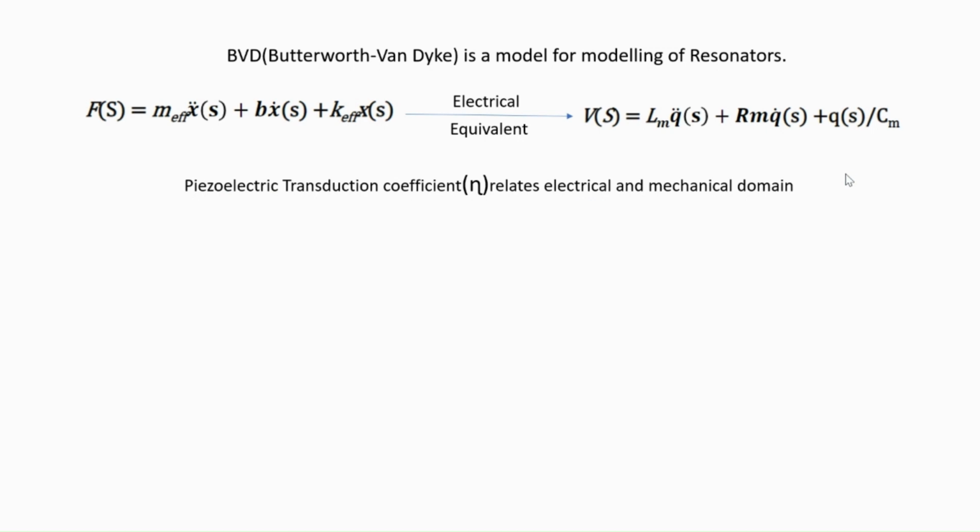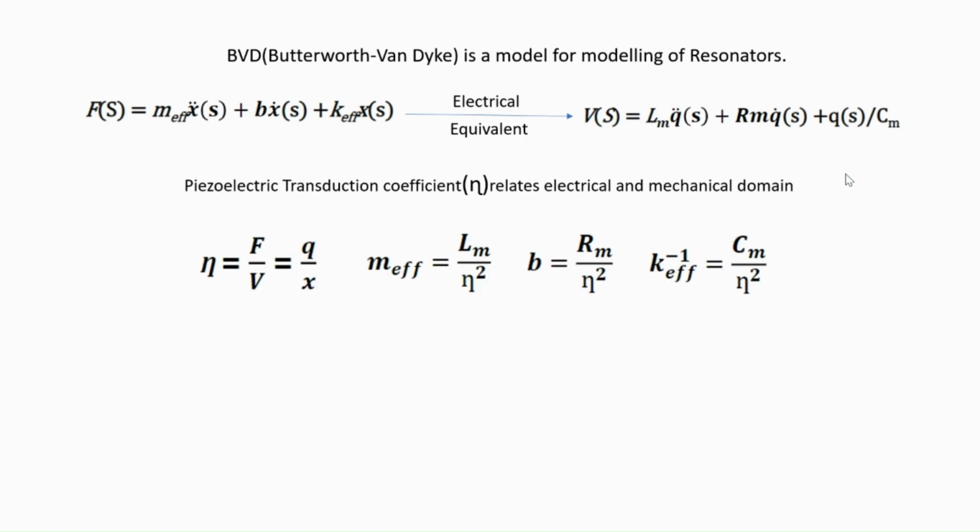So I can't put mass, damping factor, and spring constant in that and model it as an electrical circuit. There should be something converting it from the mechanical domain to the electrical domain, and that constant factor which helps us in converting is the piezoelectric transition coefficient.